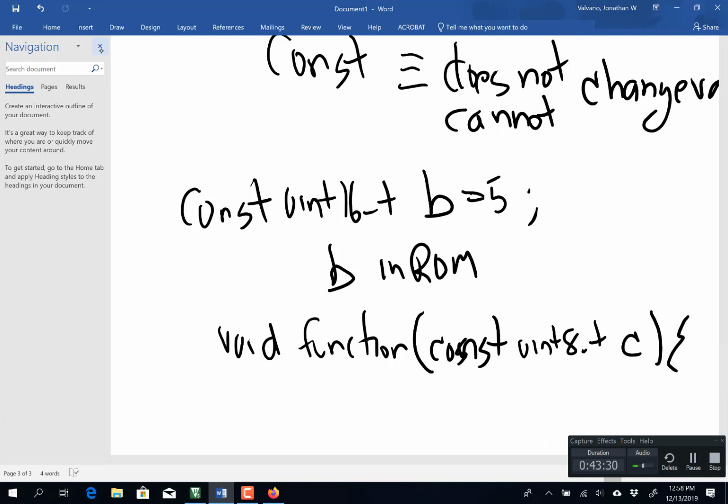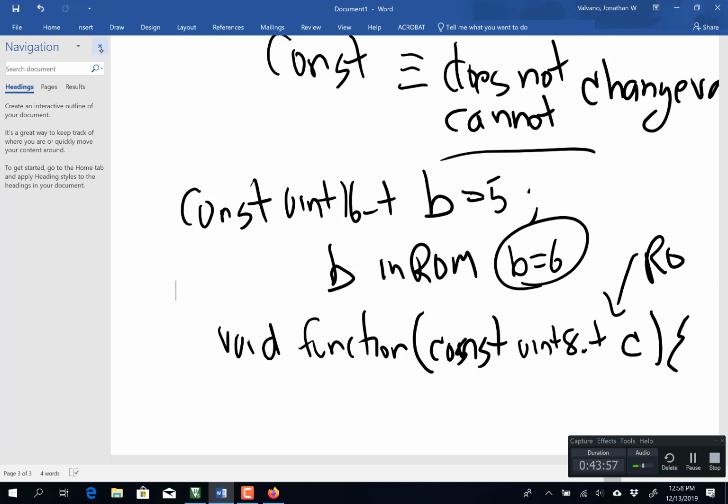Okay? And this is not going to put C into ROM. C is in R0. But what it is going to mean is the program cannot change it. Whatever that parameter is in C cannot be changed. Up here, if you wrote B equals 6, what would happen?